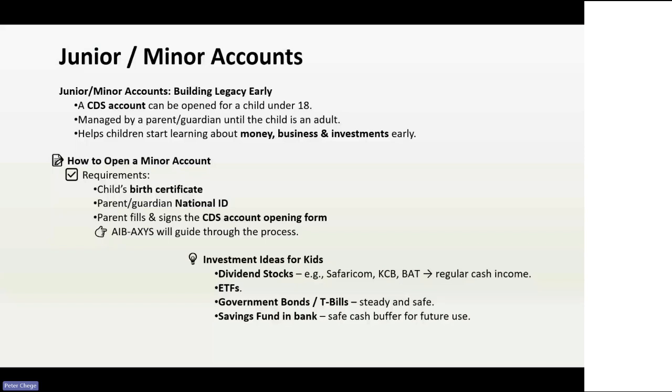You don't need to withdraw that money. You just leave it to earn interest for some time. Then you can withdraw, put it back into the CDS account, buy shares that offer dividend, get another dividend, and give it some time to earn interest. With that, your kid is earning two ways: dividends and capital gains at NSE, and then interest on the Jabo Junior account. But it is you as a parent to decide.